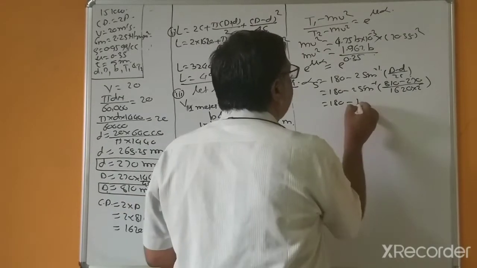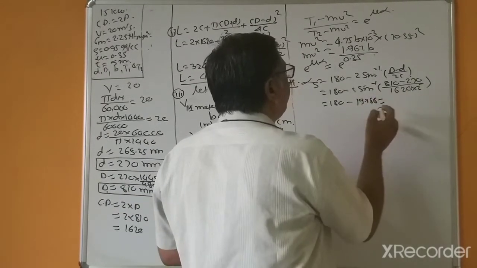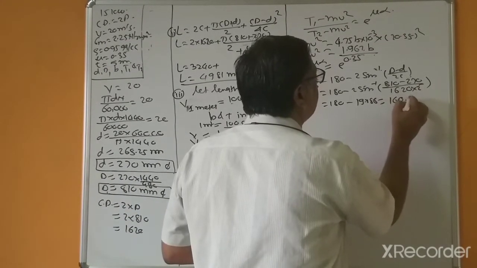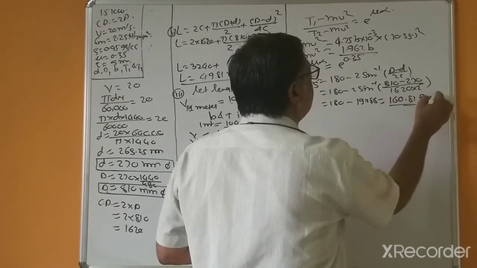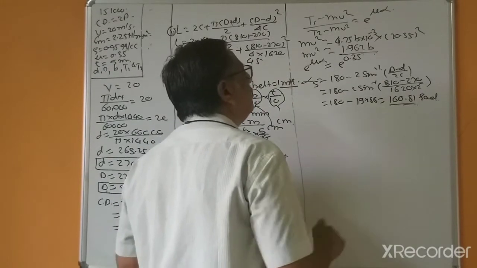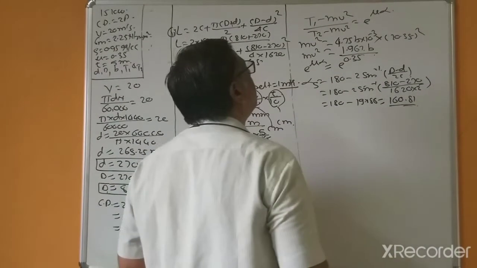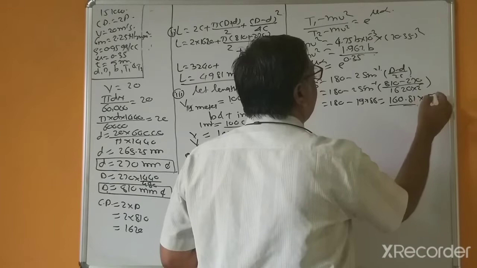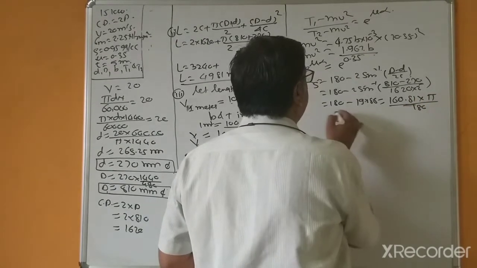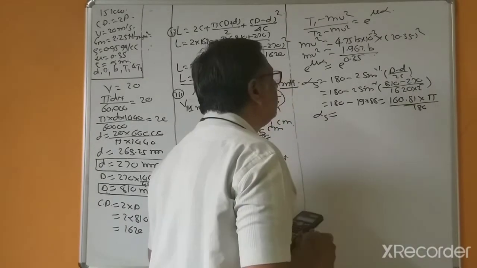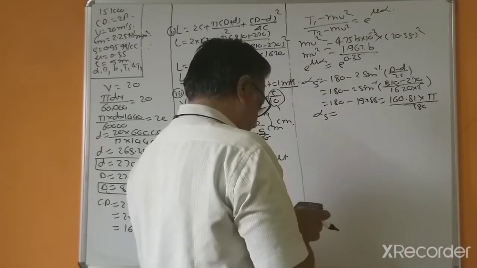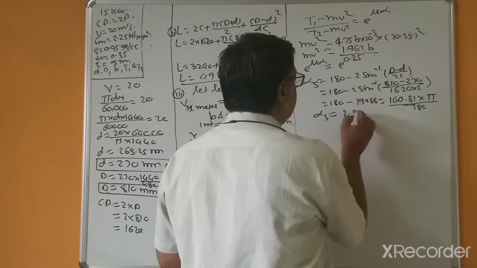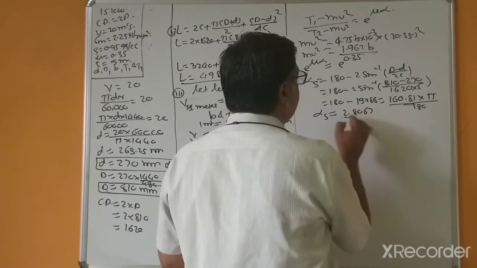This is 9.188. Minus 180 gives 160.81, no, this is in degrees, so multiplied by pi divided by 180, because we require it in radians. This is equal to 2.806667 radian.